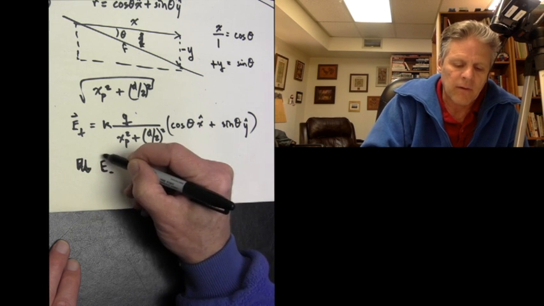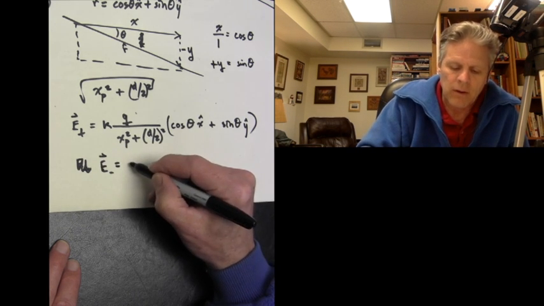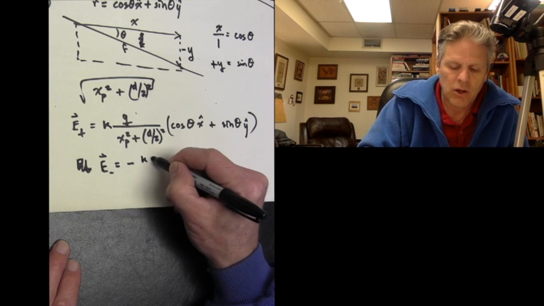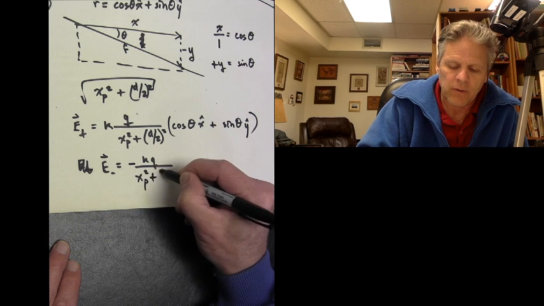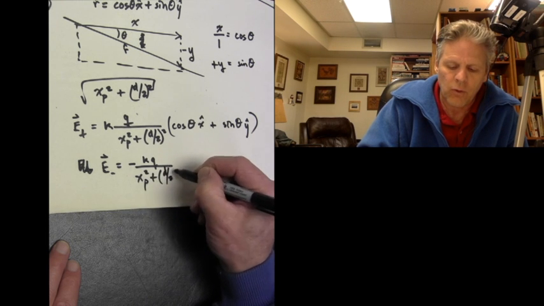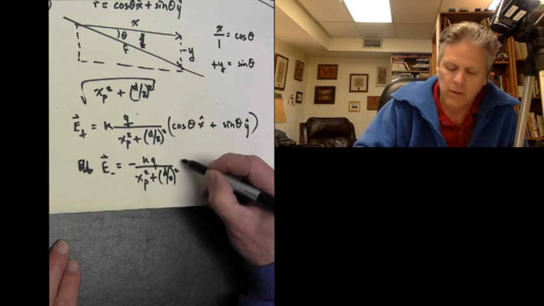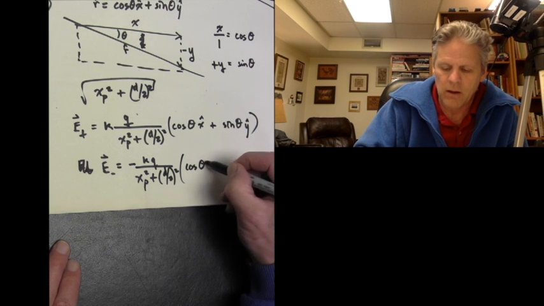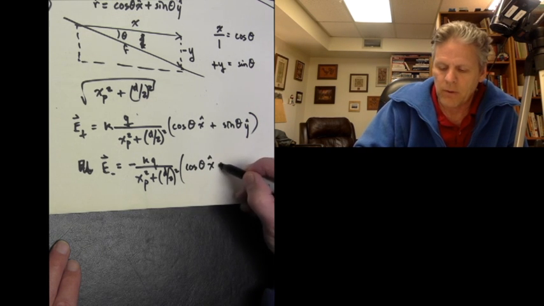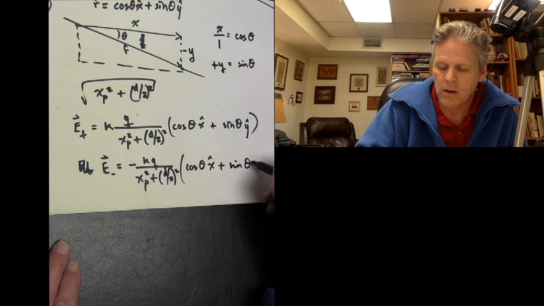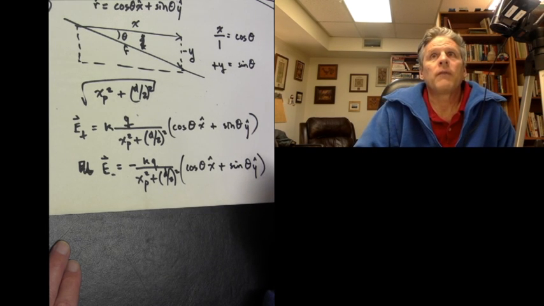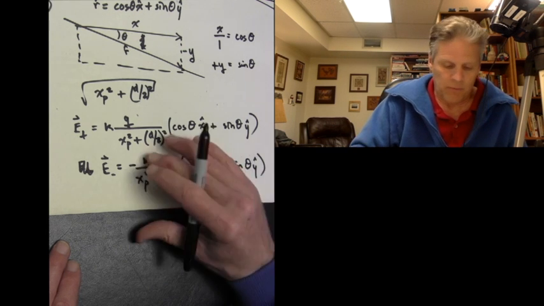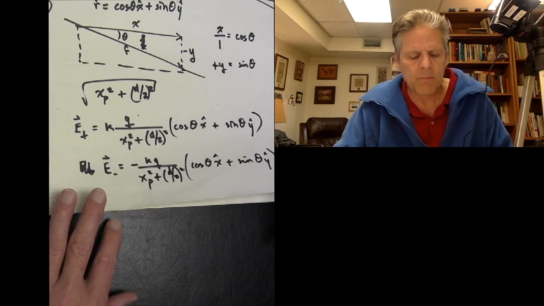E minus is going to equal minus KQ over x sub p squared plus d over 2 squared times cosine theta x hat plus sine theta y hat. I'm trying to think now if I define things properly, but it doesn't matter because we're going to take care of it. All right, so we have an E plus, E minus.